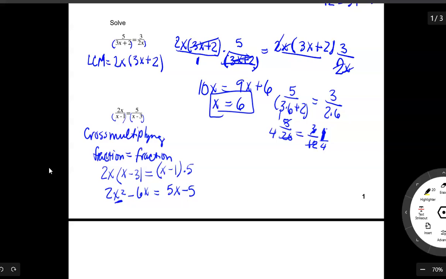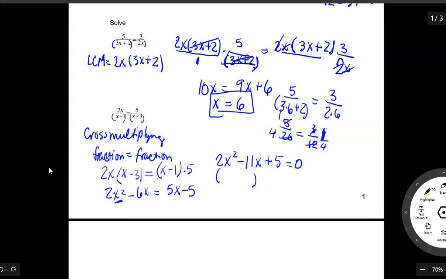Remember, to solve a quadratic, you want everything on one side equal to 0, and then you check to see if you can factor. So I'm going to subtract the 5x over and also subtract the negative 5, which is the same as adding 5. So I get 2x squared, negative 6x, subtract the 5x over, and then add 5. And now that's left with just 0.